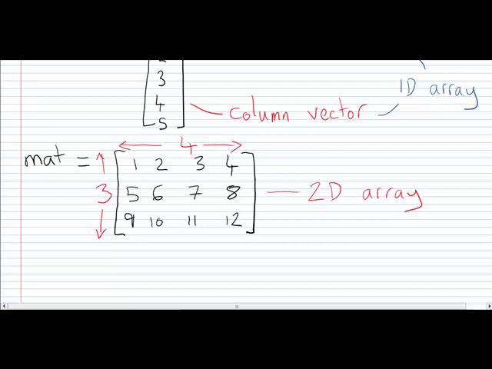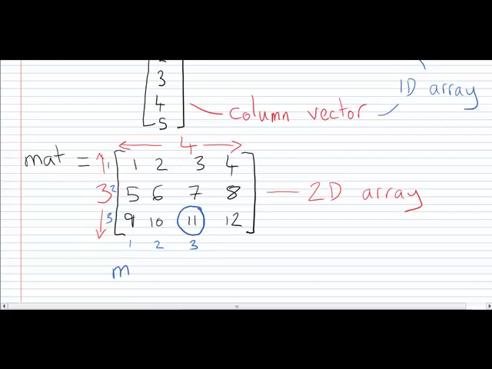So for example, if we wanted to look at index 3, 3 within this matrix, that would be the 3rd row down, 1, 2, 3, and the 3rd column across, and we would get the number 11. So we go to 1, 2, 3 is the first index, 1, 2, 3 the second index, and we find the number 11.